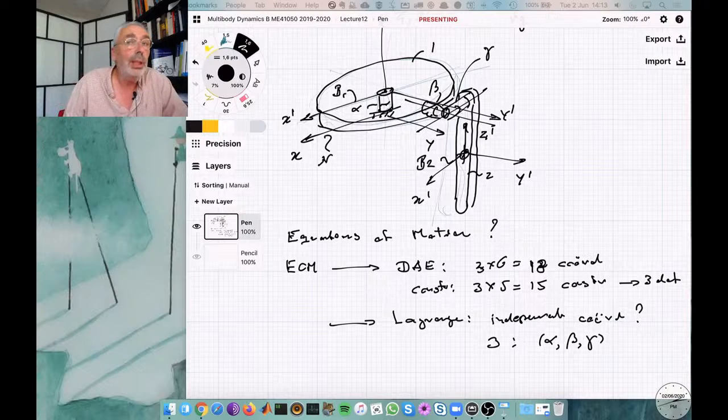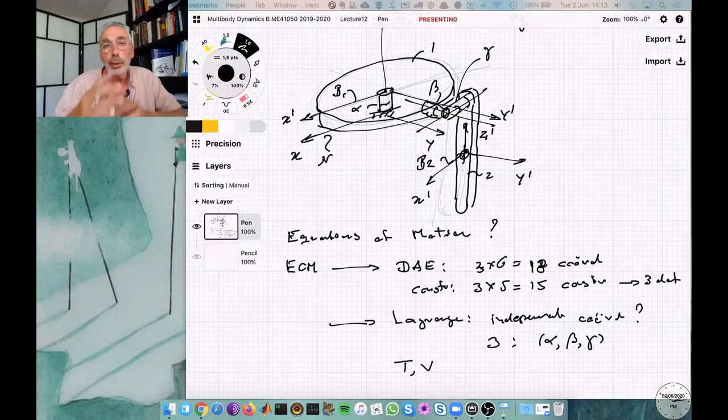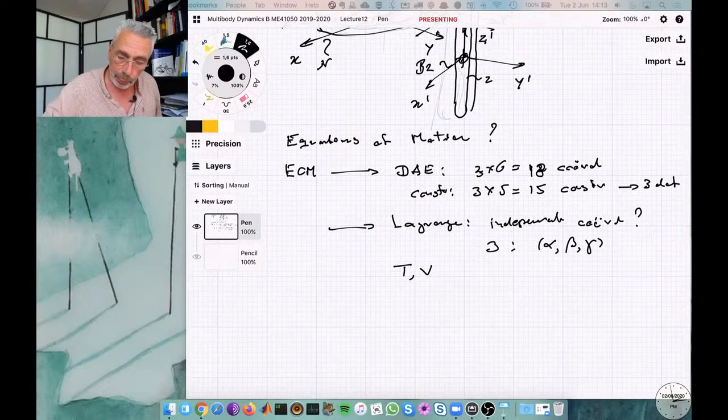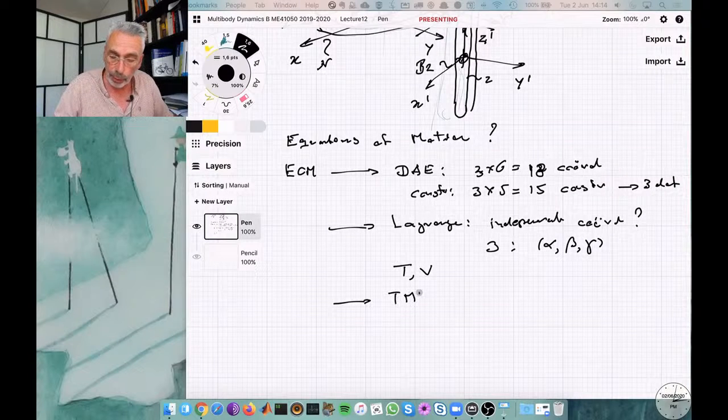But we have seen if we do that, then we have to write down the kinetic energy, and we have to write down the potential energy in terms of this. These are lengthy expressions. We go up to the level of energy, and then to get the equations we go down again. And there's actually a faster approach, or more intuitive approach, and that is the TMT method. And again we use independent coordinates.